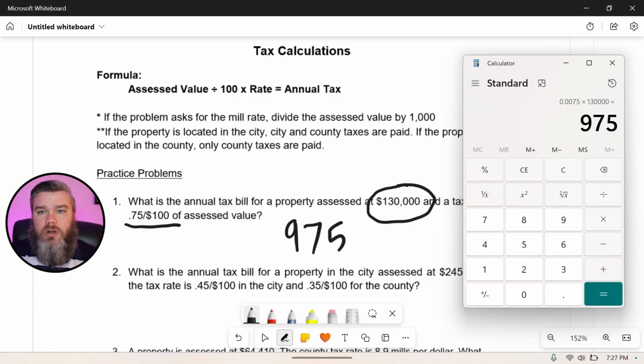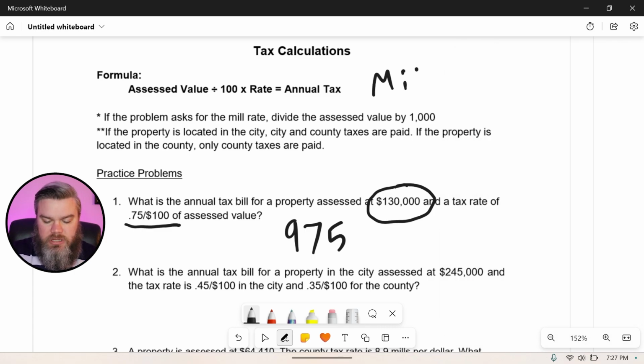The reason why it's important to understand this is because you may be asked to convert a per 100 rate to a per dollar rate, or a per 100 to a mill rate. Now, folks, I keep saying mill rate. That's going to come up later, but just so you understand, mill rate is typically expressed as M-I-L-L-S, mills. So if I said 17 mills or 13 mills or something like that, okay?